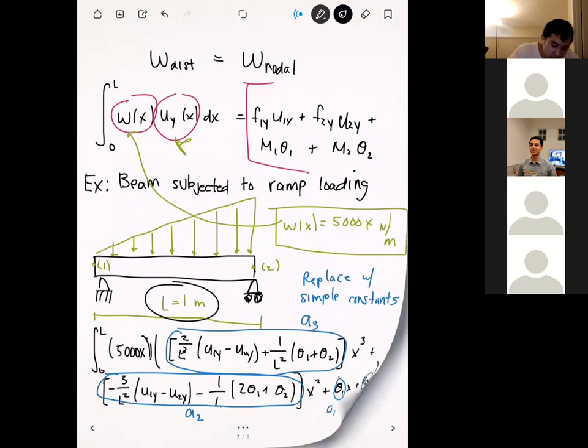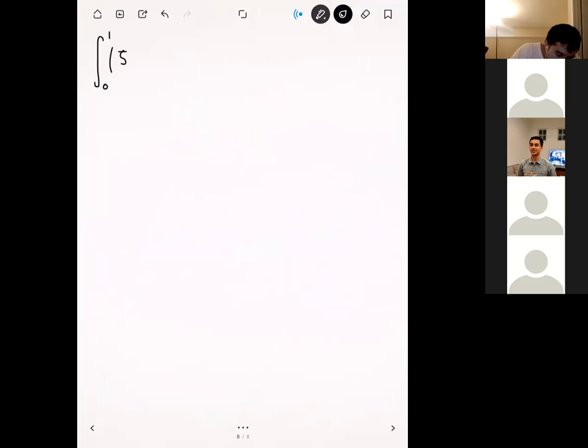So we're going to perform an integral from 0 to 1 of 5,000x, that's our w of x function, multiplied by a3x cubed plus a2x squared plus a1x plus a0, dx. You can see this is a lot more manageable than before. Actually, I'm going to take this 5,000 and pull it out of the integral because it's just a constant.